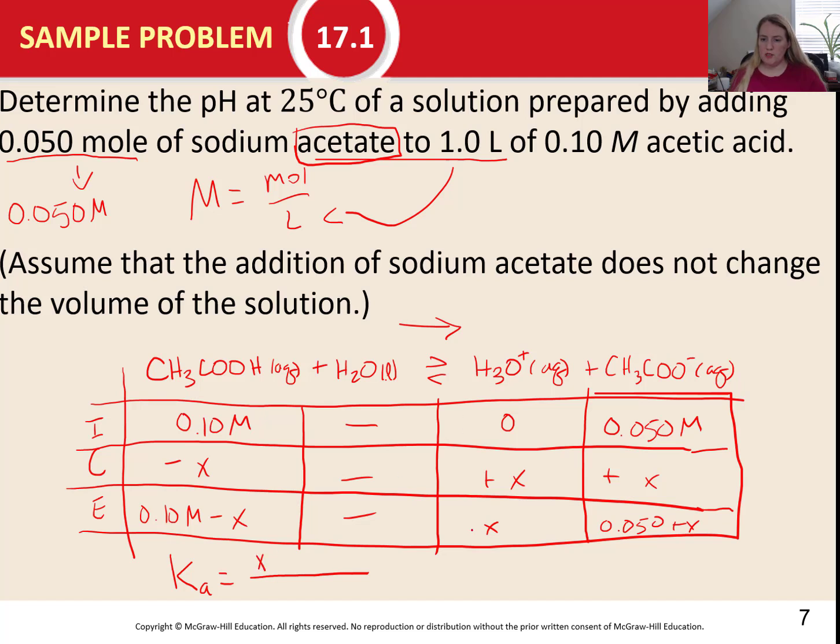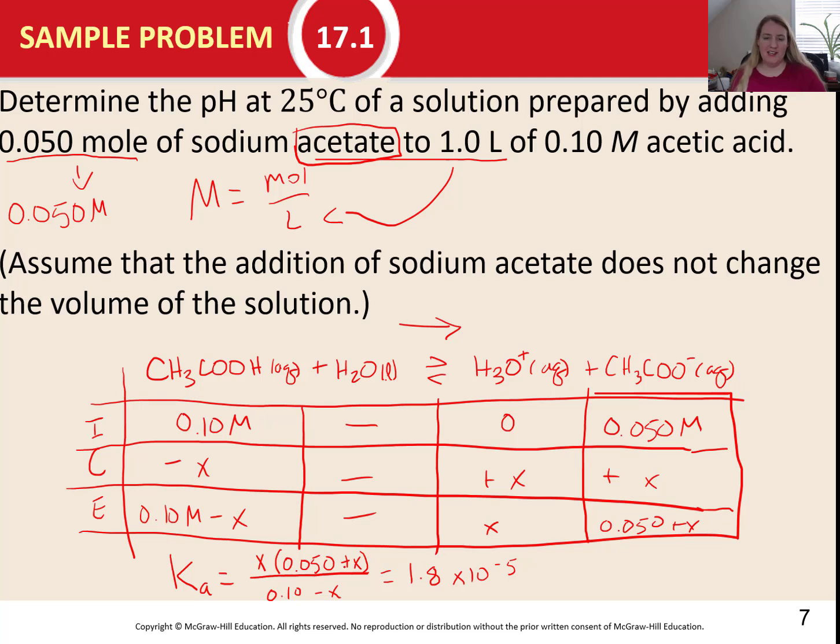So hydronium was X, and then the acetate ion was 0.050 plus X. And on the bottom, my acetic acid was 0.10 minus X. And this is going to be equal to the Ka of acetic acid, not the Ka of acetate, because the reaction is running forward, so we're using the Ka of our reactant, which is acetic acid. So from the table of weak acids, we would find that the Ka for acetic acid is 1.8 times 10 to the negative fifth. And at this point, we would solve for X.